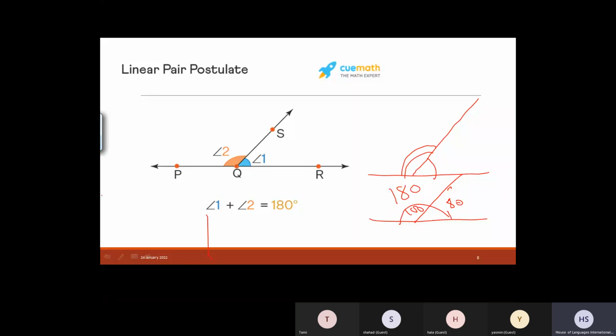That means the summation of angle 1 and angle 2 is 180. PQS with SQR gives you 180. Bravo. Like this: the measure of angle PQS plus the measure of angle SQR gives you 180.